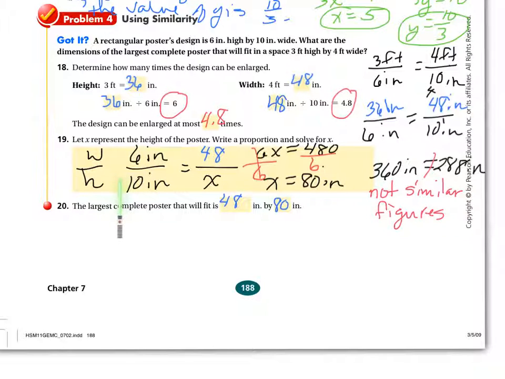Let's see if it'll let me erase any of that. Oh, I don't want to erase all of that. Hang on. Oh, isn't that an awesome feature?